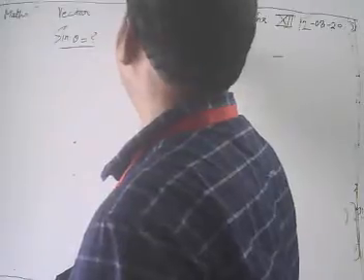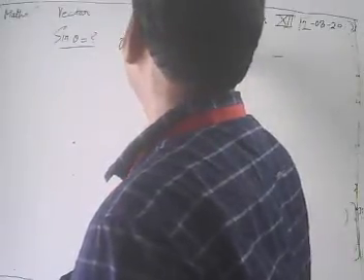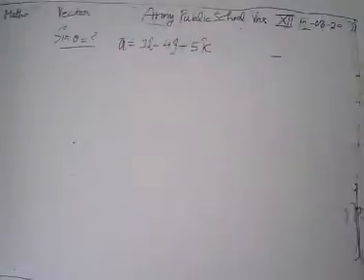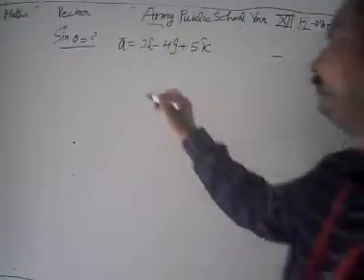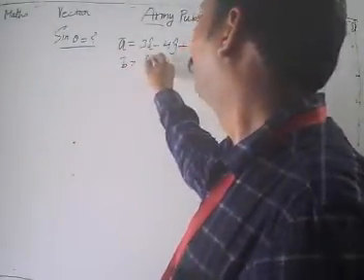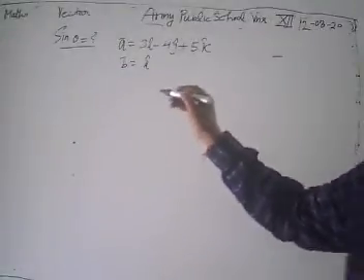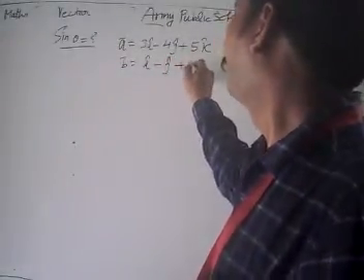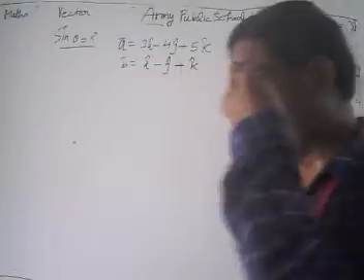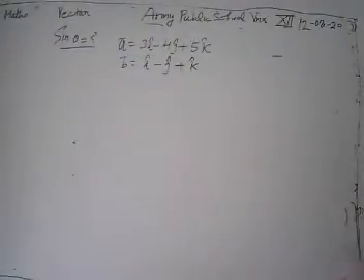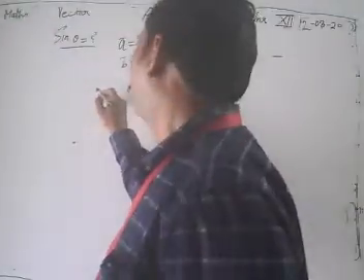Find the sine of the angle between the vectors A, 3 I cap minus 4 j cap plus 5 k cap, and B, I cap minus j cap plus k cap. Look, we have to find out the sine of the angle. What is our vector A cross B?